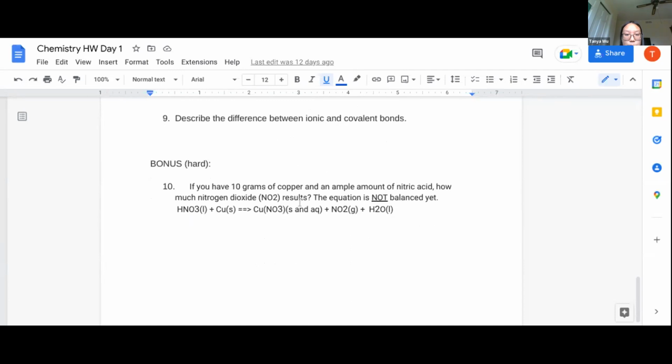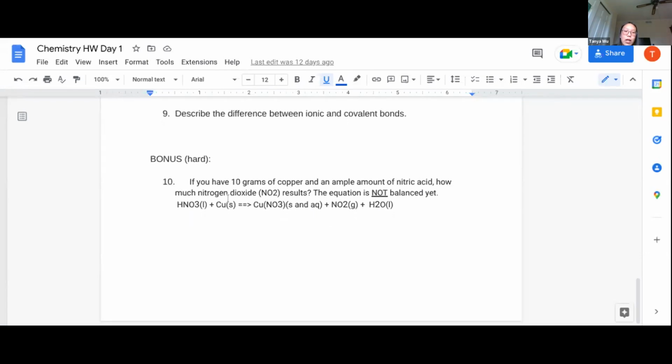And the bonus one, I'd be really impressed if you got this. But I can walk you through the process. So first you would have to balance the equation. And you need to find out how many moles of copper you have. And the balanced equation tells you the ratios of the moles.